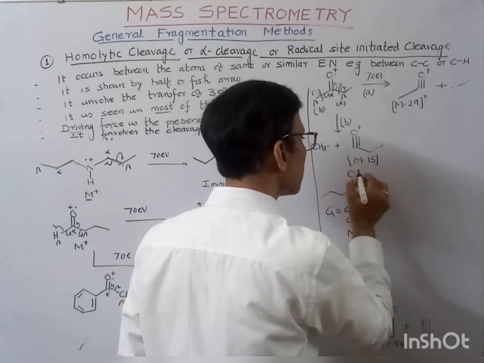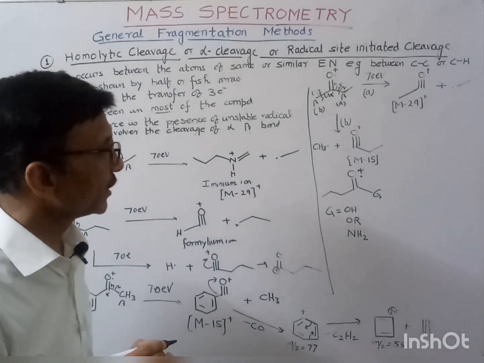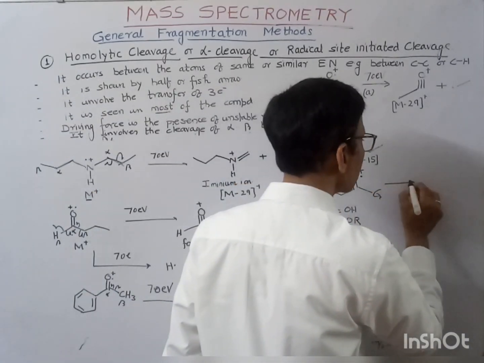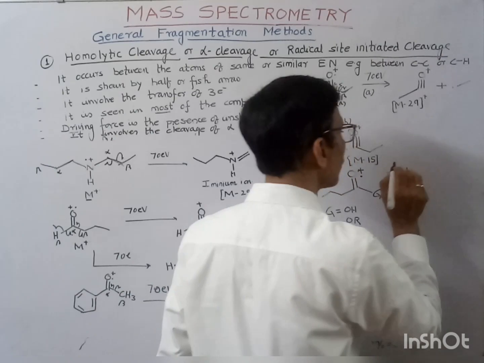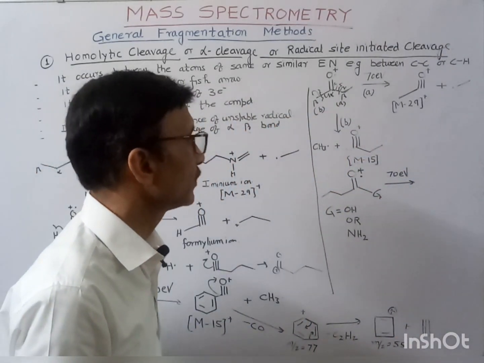If I take the radical cation, first ionization takes place, then at 70 electron volt it will undergo fragmentation.